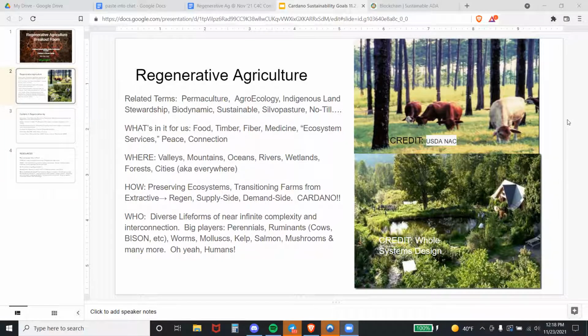Yeah. So the top right picture there is just an example I pulled off of Wikipedia of a silvopasture system, where the idea is you have ruminants, which includes cows and bison and goats and sheep and deer also technically, and some others. Their guts are in relationship with the pasture that they feed from, and by introducing perennials into the system, it's sort of like a savanna-like ecosystem.